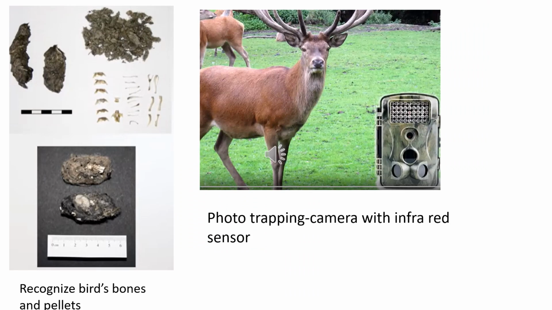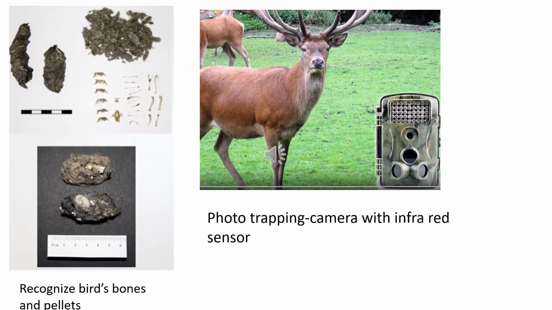This picture shows the pellets of birds which have been collected, and biodiversity scientists can recognize these pellets. Sometimes they even get bones from them, and this is an indirect method by which they can identify the species.